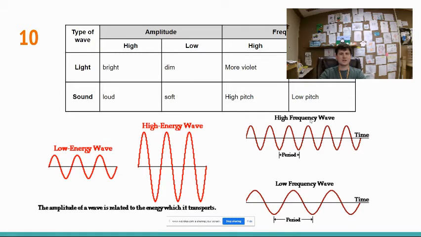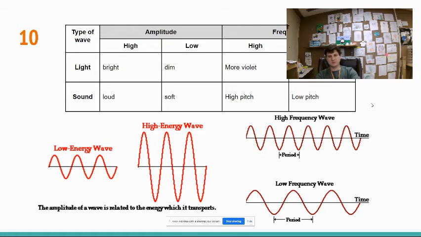If we talk about frequency, a higher frequency light wave, or electromagnetic wave, can change the color that you're going to see. Higher frequency in the visible light spectrum is going to be more violet, whereas lower frequency is going to be more red. So you could have a very bright purple sight if you have a high amplitude, high frequency.